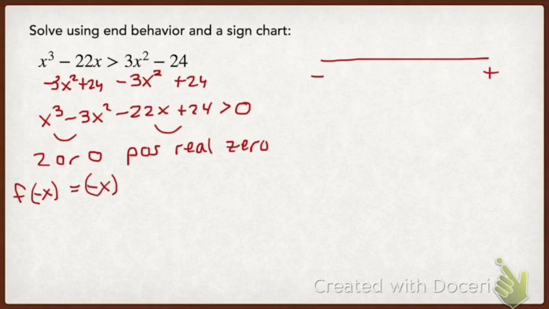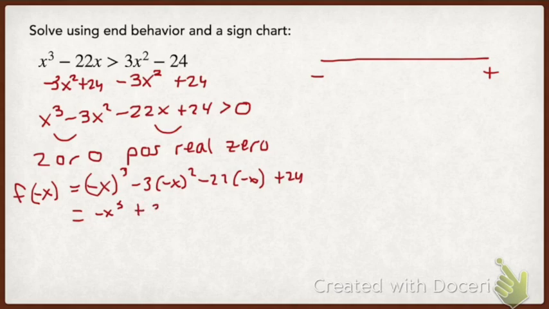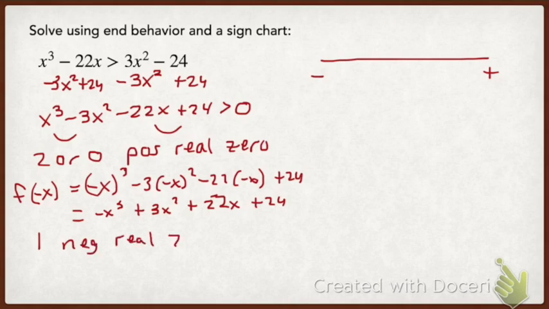So negative x cubed minus 3 negative x squared minus 22 negative x plus 24. And we get negative x cubed, plus 3x squared, plus 22x, and plus 24. We have one negative real zero. So there's a sign change here, and that is it.